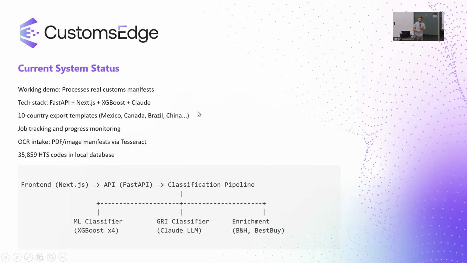So, as of right now, we've got a working demo and it can process real manifests. I've got a contact at the UFC, who is where this whole problem started from. And so we've run that real data and it does work, which is nice. The tech stack is trivial. We're using Claude Code, Claude as the main model for the language model, and XGBoost for the machine learning. The country stuff is trivial.